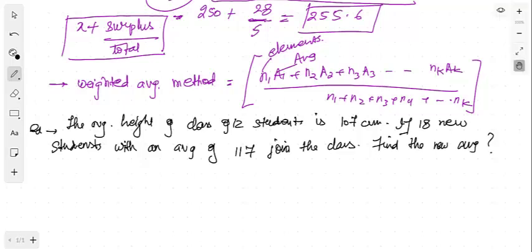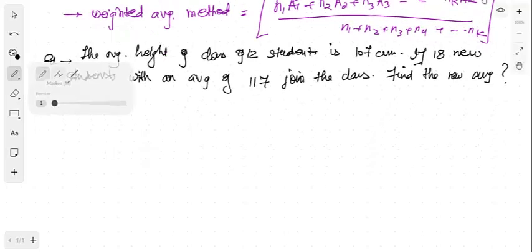This is what you need to calculate. The average height of 12 students is given, and 18 new students are added.